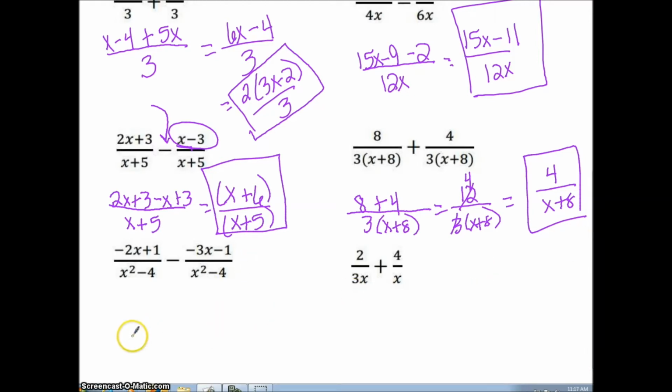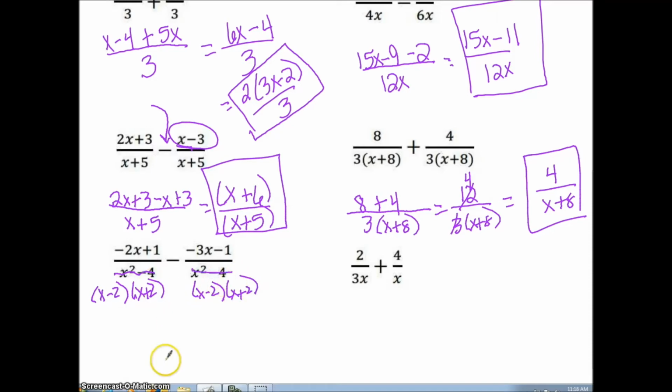Now, you do have to reduce or simplify if at all possible on the bottom. In this instance, x squared minus 4 is the difference of squares, and it becomes x minus 2 and x plus 2. This one is the same thing, x minus 2 and x plus 2.